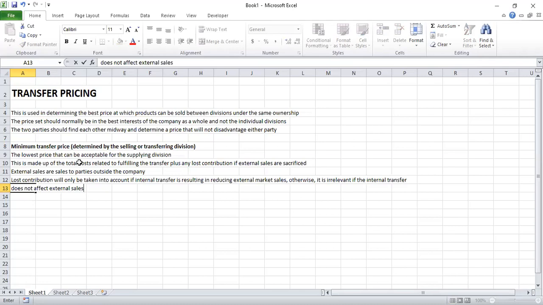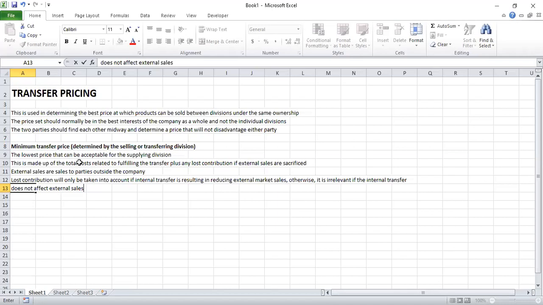Right. Let me just give you an example. Let's say the wood manufacturing division has the capacity to produce 100,000 square meters, and their external market needs 60,000 square meters. That means they've got an excess capacity of 40,000 square meters.